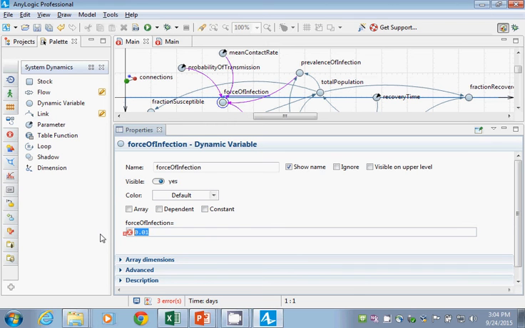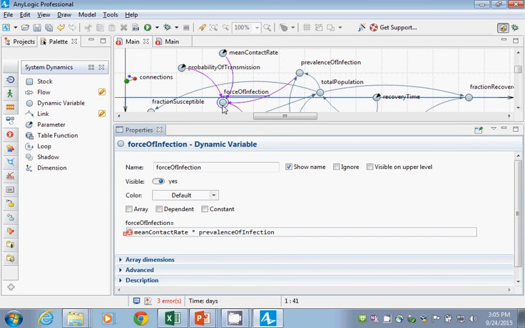So, this force of infection is going to represent the probability a given susceptible will get infected per day. And so, to figure that out, we have to consider how many people they're having contact with per day. And that's given by mean contact rate. And then for each of those people, what's the chance they'll be infected? For each of those 12, what's the chance they'll be infected? Prevalence of infection. So we're going to have prevalence of infection. And then what's the final component?